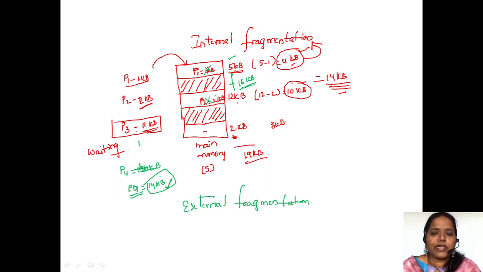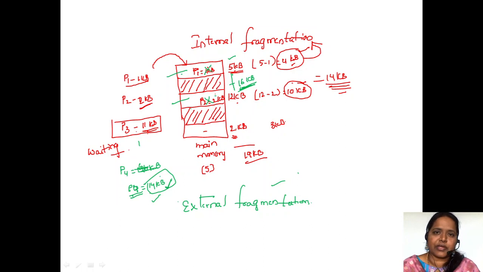So what I mean to say is, external fragmentation means even though we have 16 KB of memory, we can't allocate space for the 14 KB for process P4. Why? Because this memory is not in contiguous fashion. So this is known as external fragmentation. So what is fragmentation?